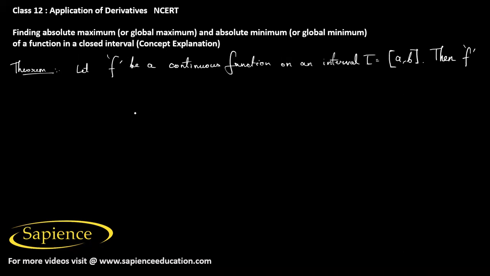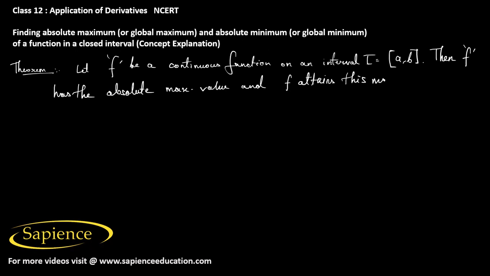Then the function f has the absolute maximum value, and f attains this maximum value at least once in the interval I.